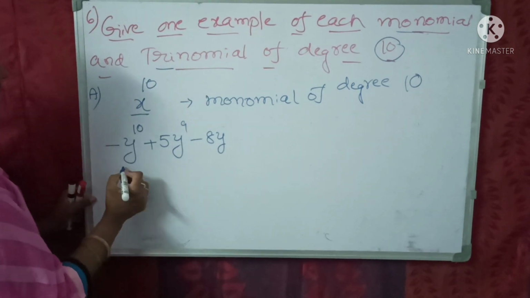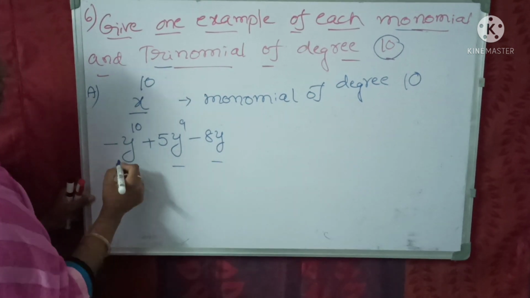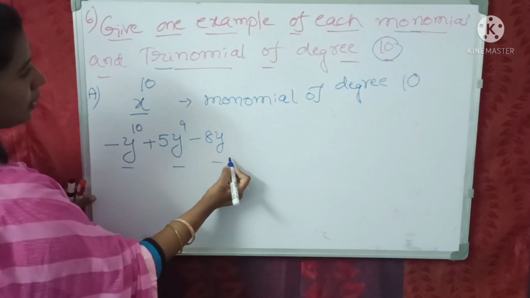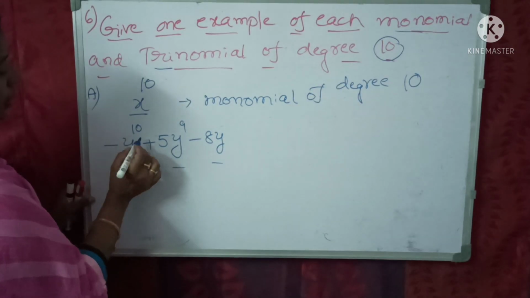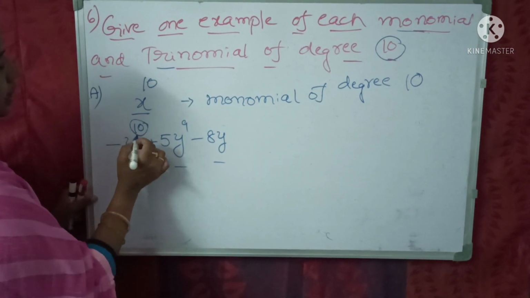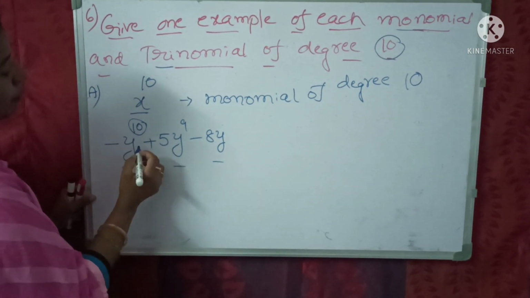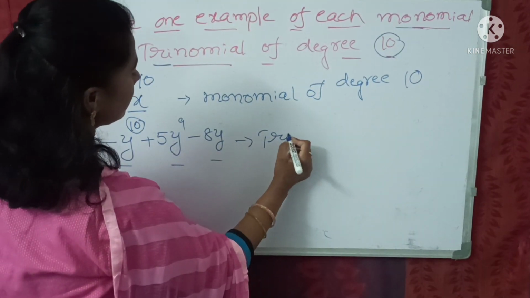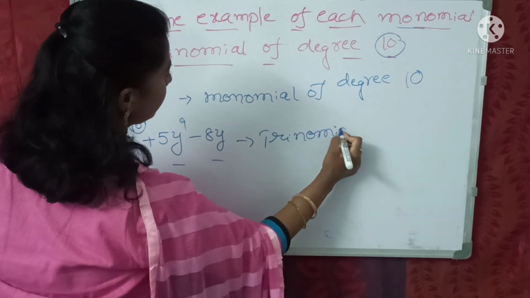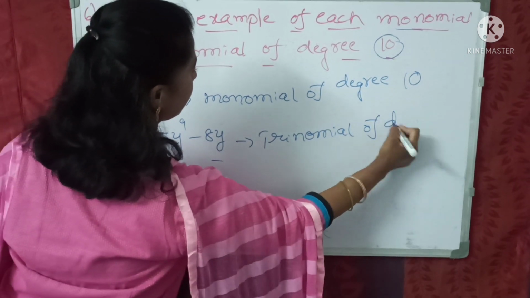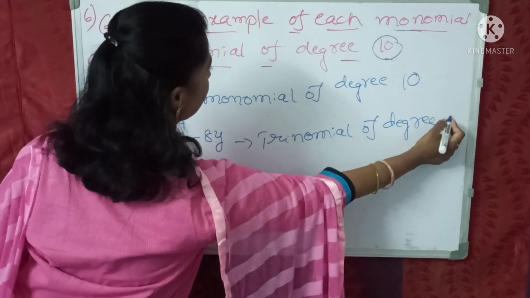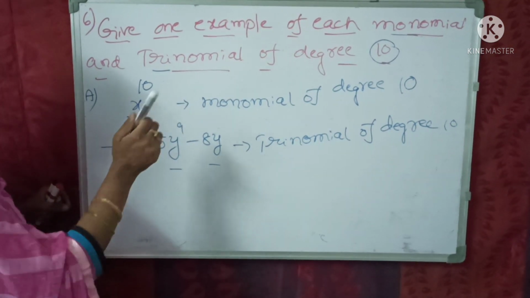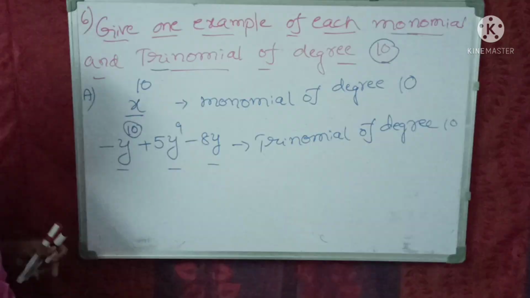In this polynomial there are only three terms: minus y to the power of 10, plus 5y to the power of 9, and minus 8y. And in this trinomial the highest power is 10, or the degree of the polynomial is 10. So this is a trinomial of degree 10. Okay, do you understand what the monomial and trinomial of degree 10 are? Okay.